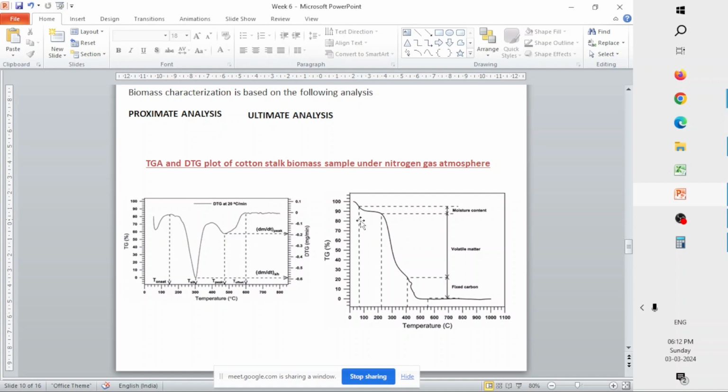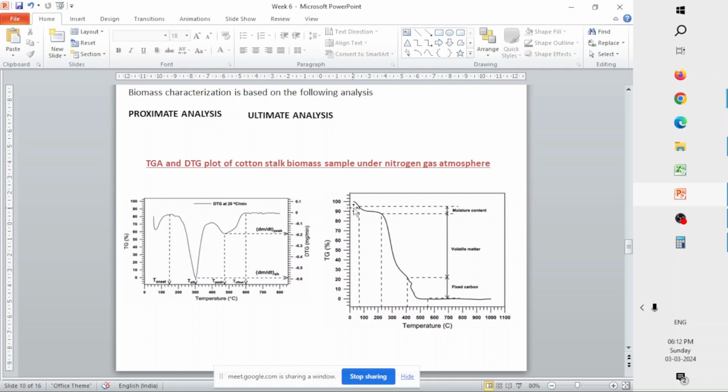So if you see here, the first degradation that happens up to 100 degrees Celsius, or here in this case, if I'm not wrong, it will be approximately 70-75. There will be a first degradation. The curve starts from 25, so you actually start this analysis of your sample at 25 degrees Celsius.